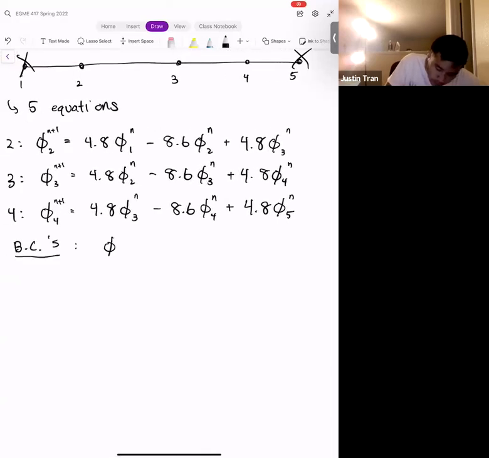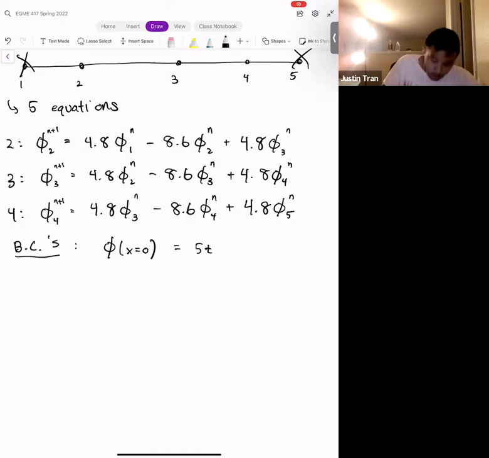So for this one, we're going to assume that phi at x equal to 0, so this is going to be phi 1, is equal to 5t. And so that boundary condition is going to vary with time.